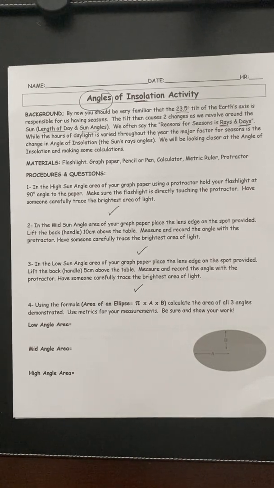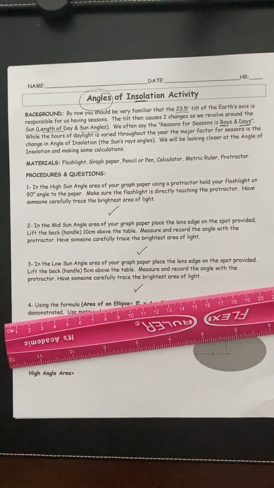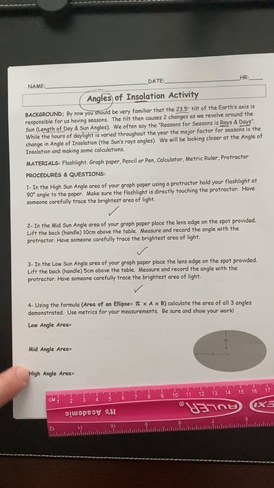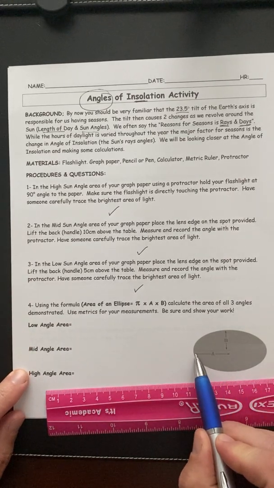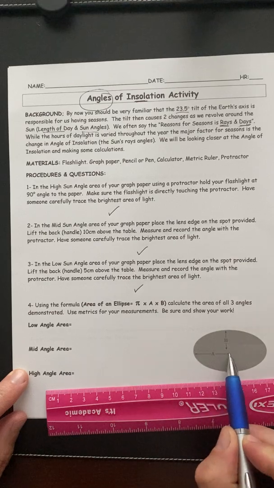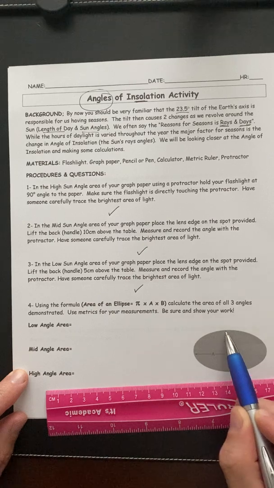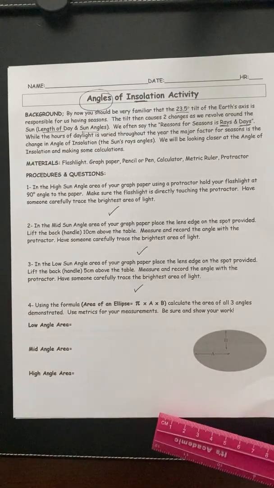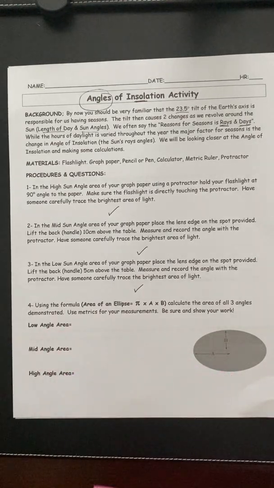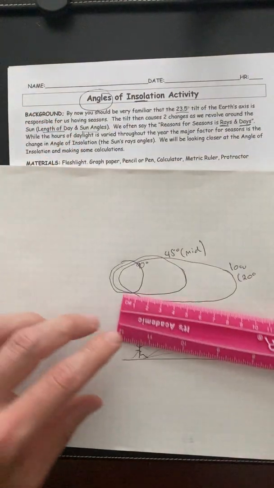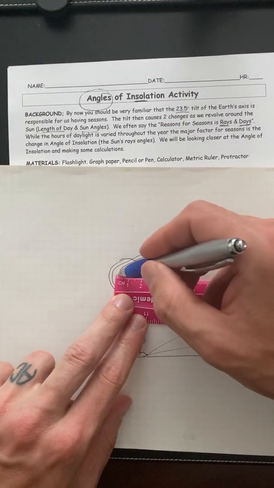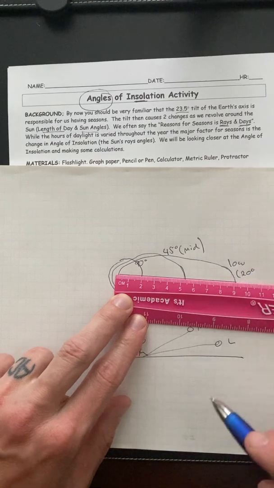I've got to get my metric ruler. And we've got our low, mid, and high. We're going to have to measure the length of A and the length of B. So let's take a peek at what we've got. In my low area, that's going to be this longest one here, works out to be about 9 centimeters.